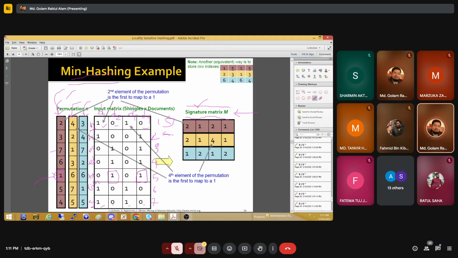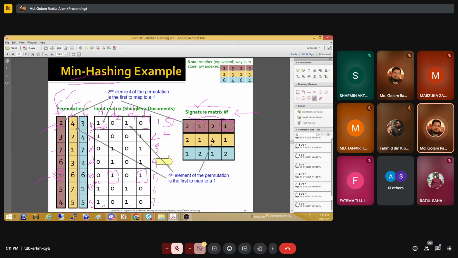So to generate the signature matrix, this one is the second position, and here is the fourth position. Now these positions are fixed. Now we have to go to the second position. The second position, we can see at first it is one, and in the third position it is one.